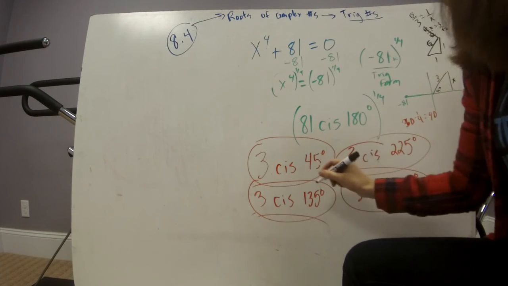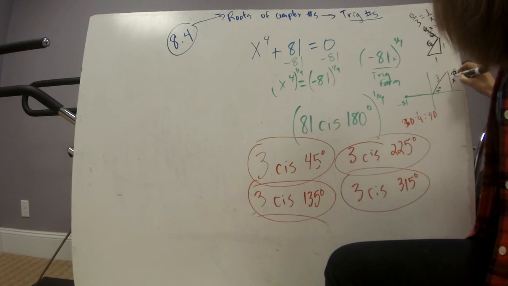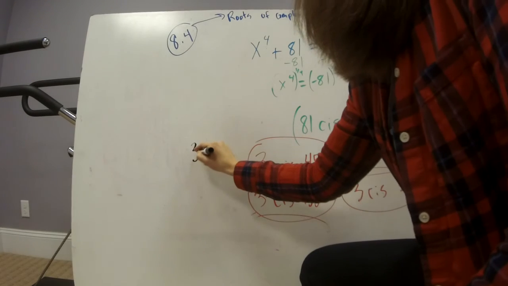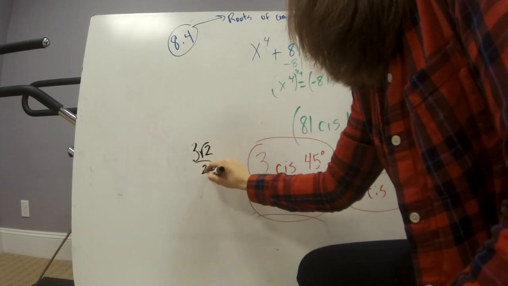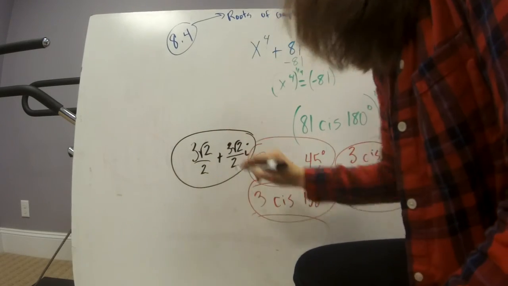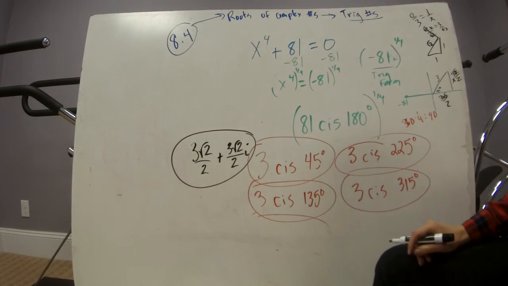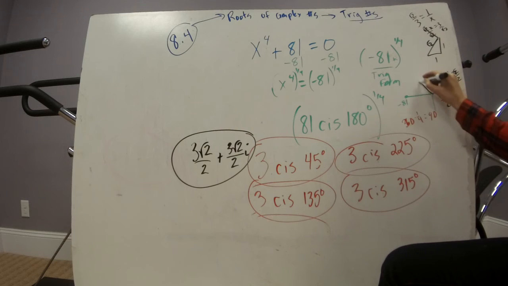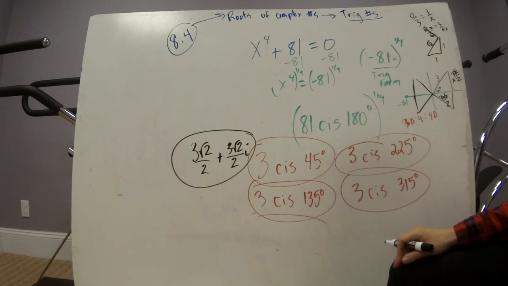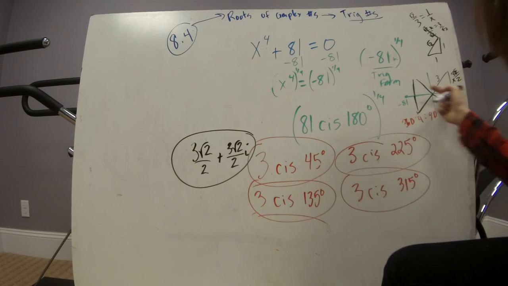Yeah. So this would be 3 root 2 over 2, and this would be 3 root 2 over 2. So this in standard form is 3 root 2 over 2 plus 3 root 2 over 2i, right? That's what that is in standard form. And honestly, these are all 45-degree triangles, right? So it's all going to be 3 root 2 over 2. It's just a matter of negatives, right? This one is going to be negative first.